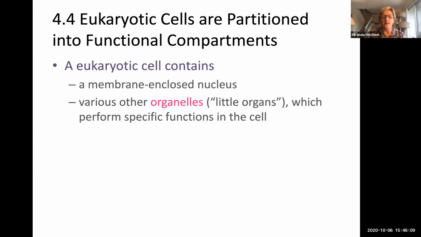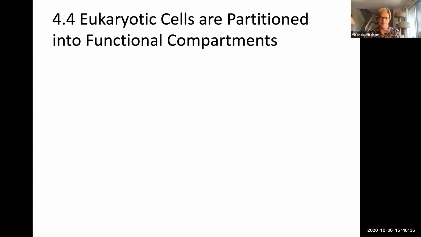The Latin translation for organelle means little organs. That makes sense. So these are the organs of the cell. Every time we see the organelle, the mitochondria, it has the same job. Every time we talk about the endoplasmic reticulum, it has the same job, regardless of the type of cell we're in.